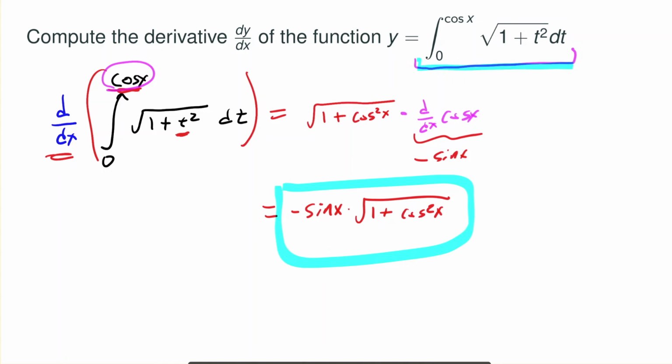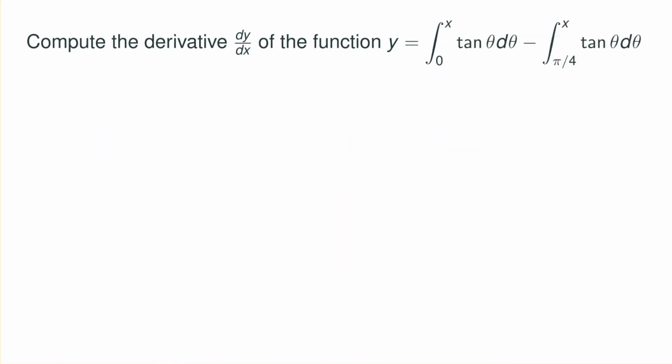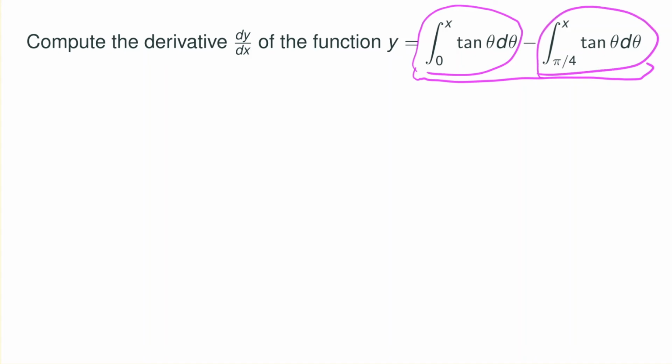Compute the derivative of the function y equals the integral from 0 to x of tangent theta d theta minus the integral from pi over 4 to x of tangent theta d theta. So here this entire thing is a function, but there are two functions subtracting each other, right? So we just need to find the derivative of this minus the derivative of this. Again, we're taking the derivative of these functions.